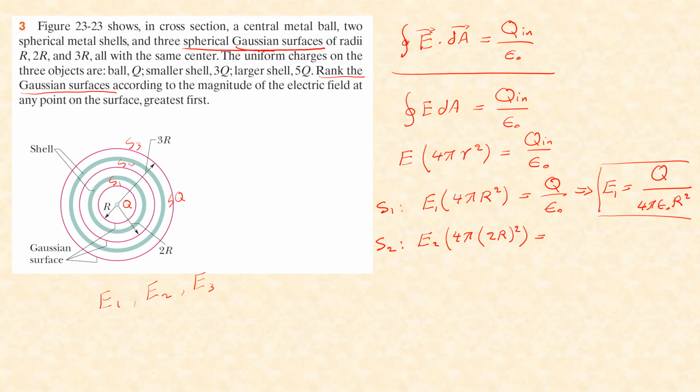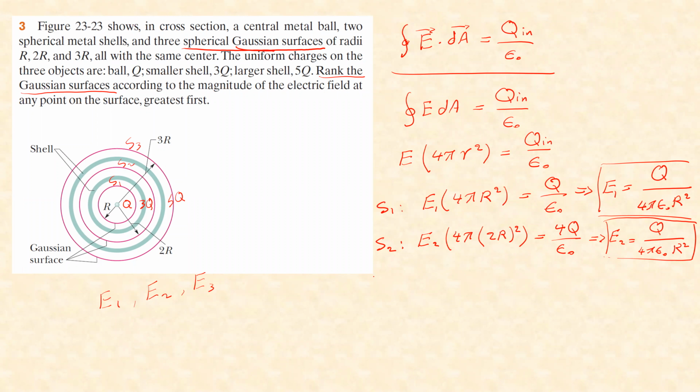So the total charge inside S2 is 4Q, right, over epsilon naught. And this 2 squared and this 4 cancel out, and then E2 becomes Q over 4 pi epsilon naught r squared again, right?